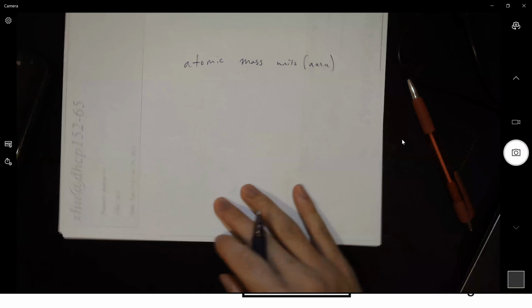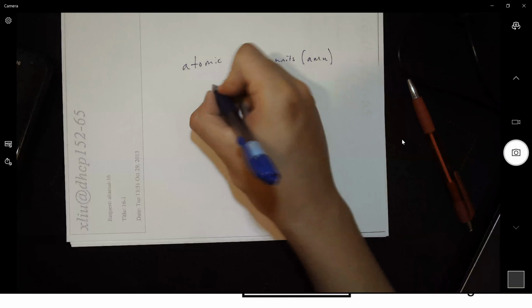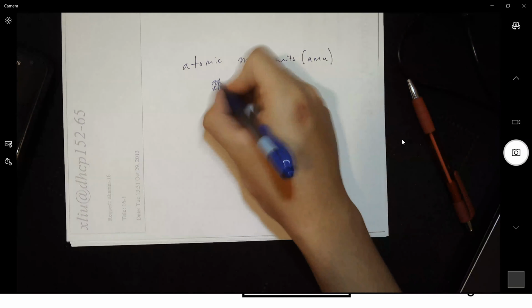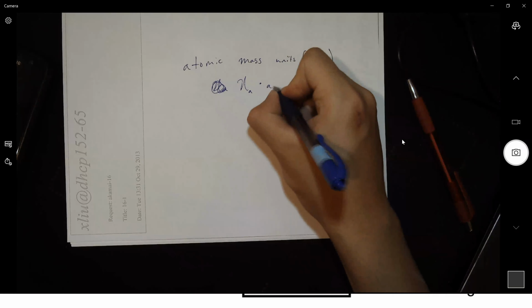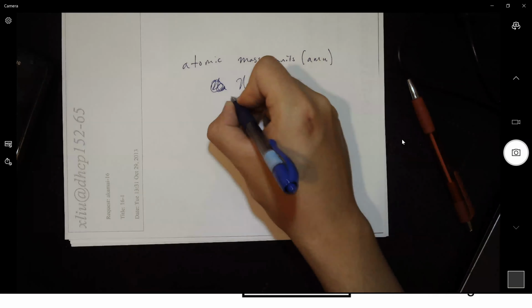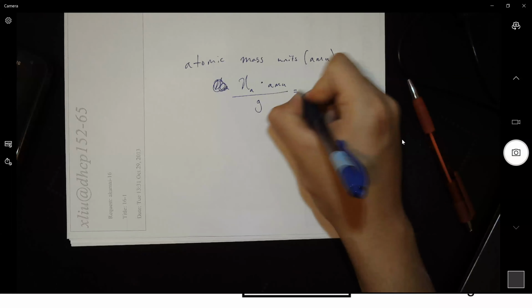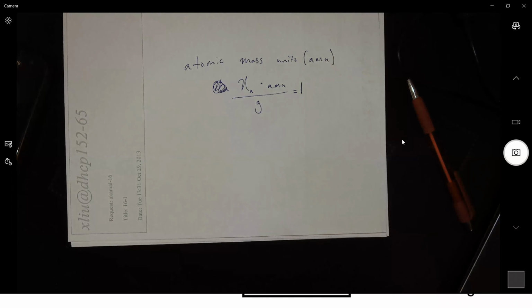So what is the key conversion factor that you need to know here? Okay, 1 mole of atomic mass units equals 1 gram. Can everyone write that down?